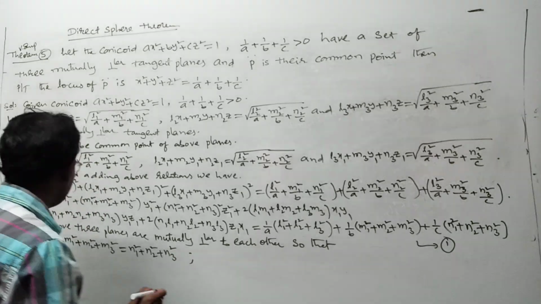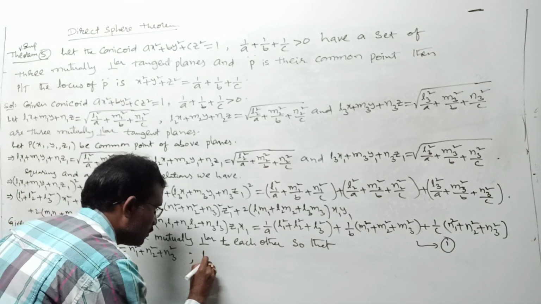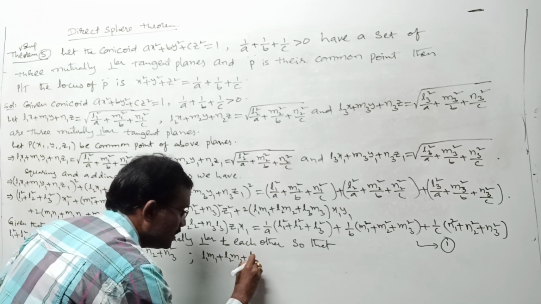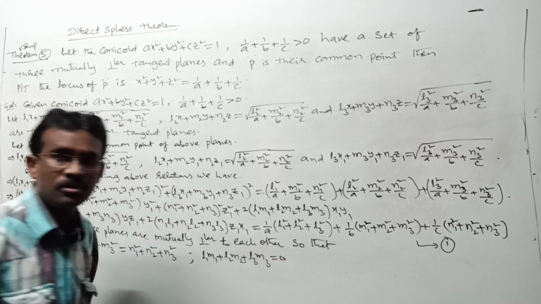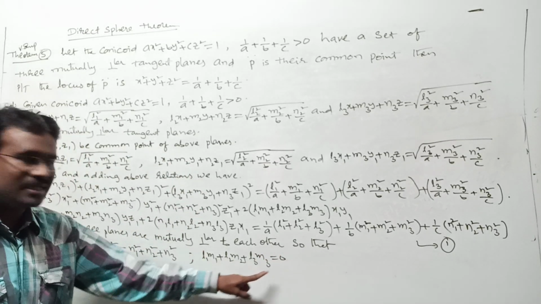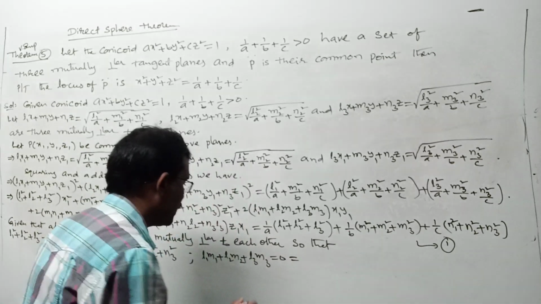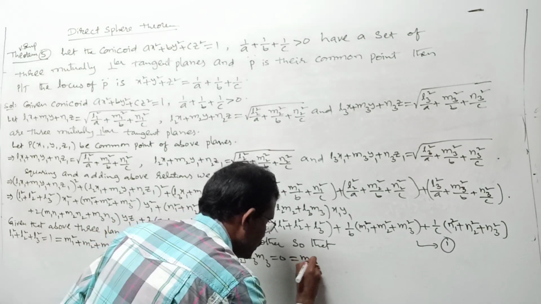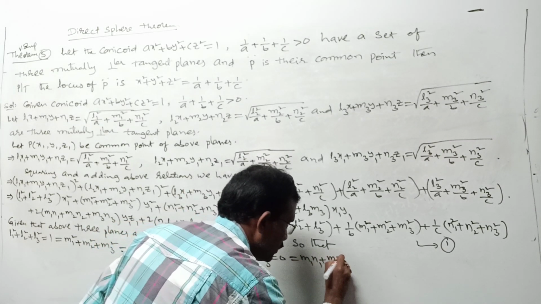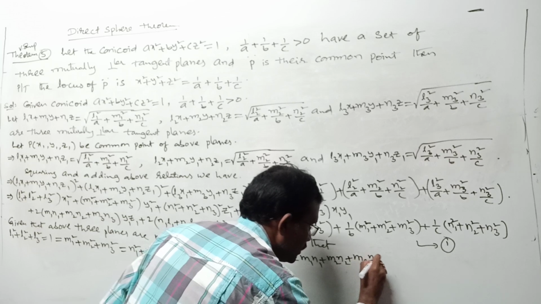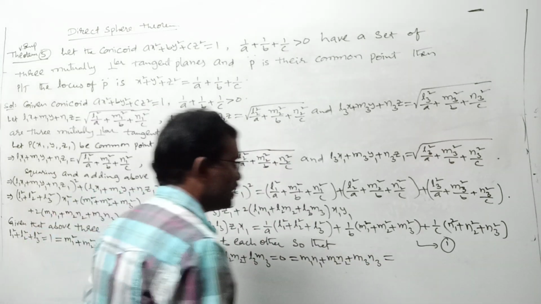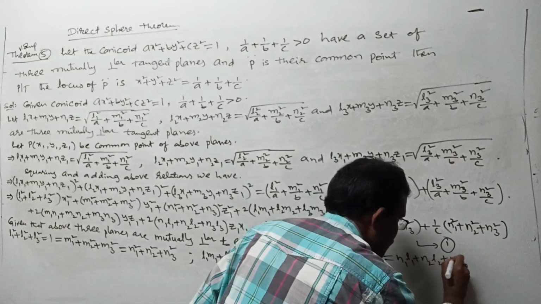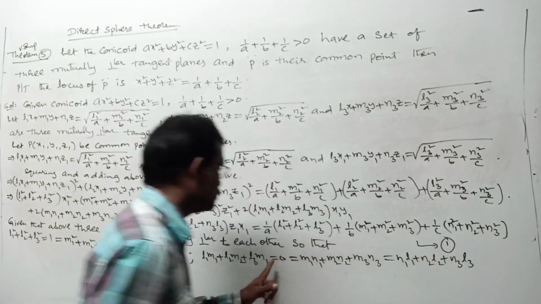In the similar way, L1 M1 plus L2 M2 plus L3 M3 is equal to 0, which is the same as M1 N1 plus M2 N2 plus M3 N3 equal to 0, which is the same as N1 L1 plus N2 L2 plus N3 L3 is also 0.